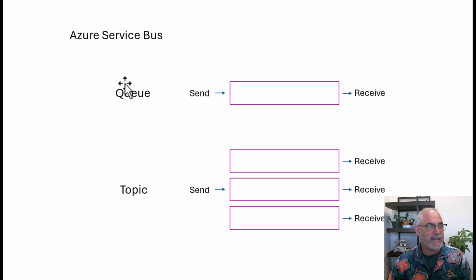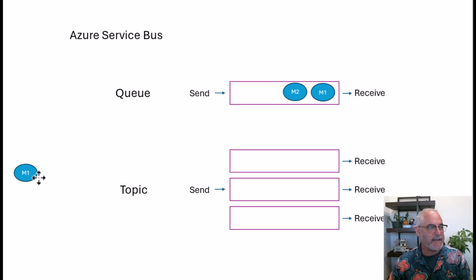So within Azure Service Bus, a queue is a queue, right? And you can put messages in the queue, message 1, message 2, going from the sender into the queue. That's really straightforward. That's what we just talked about. Well, what is a topic? So in the case of a topic, it's really a multi-receiver queue.